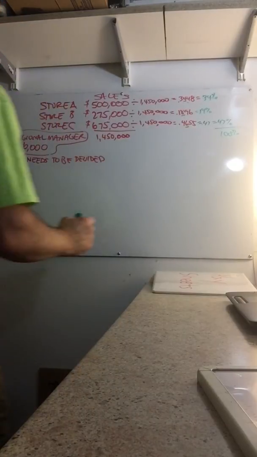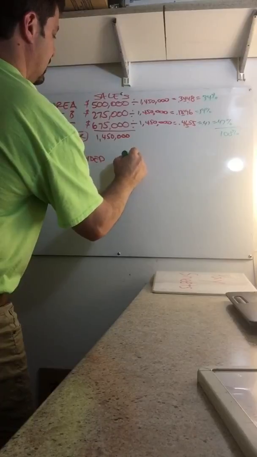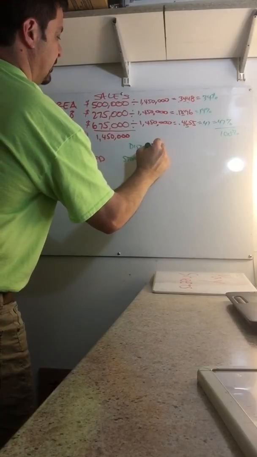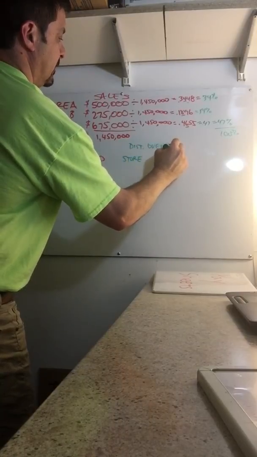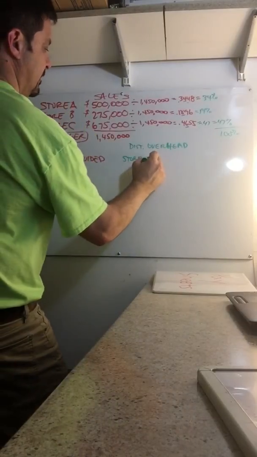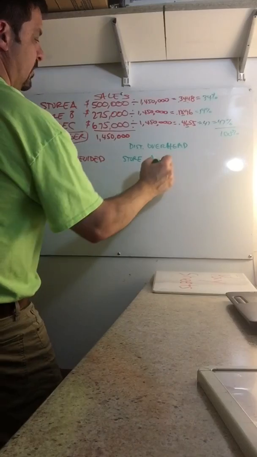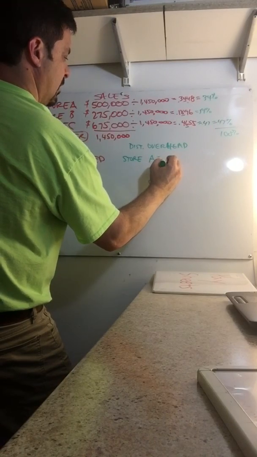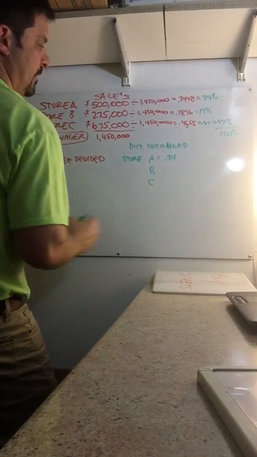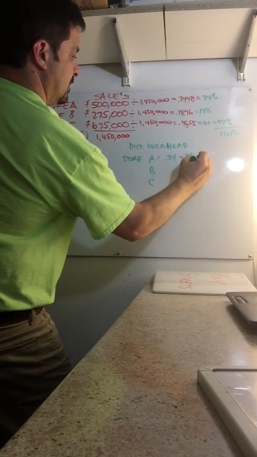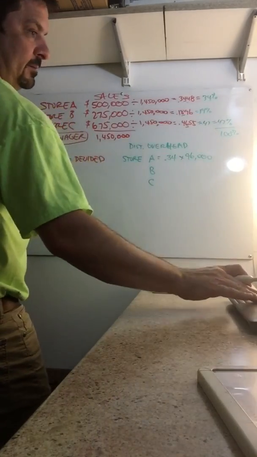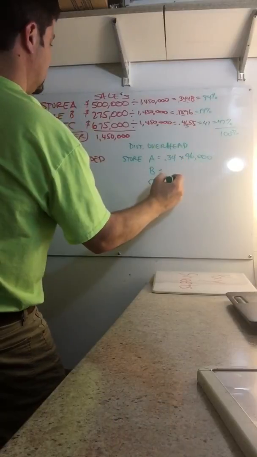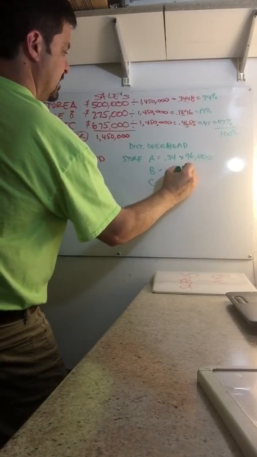So now we're going to take this 96,000 and distribute the overhead for Stores A, B, and C. Well, A is 34%, so we'll do 0.34 times 96,000. Store B, well, that's 19% times 96,000.